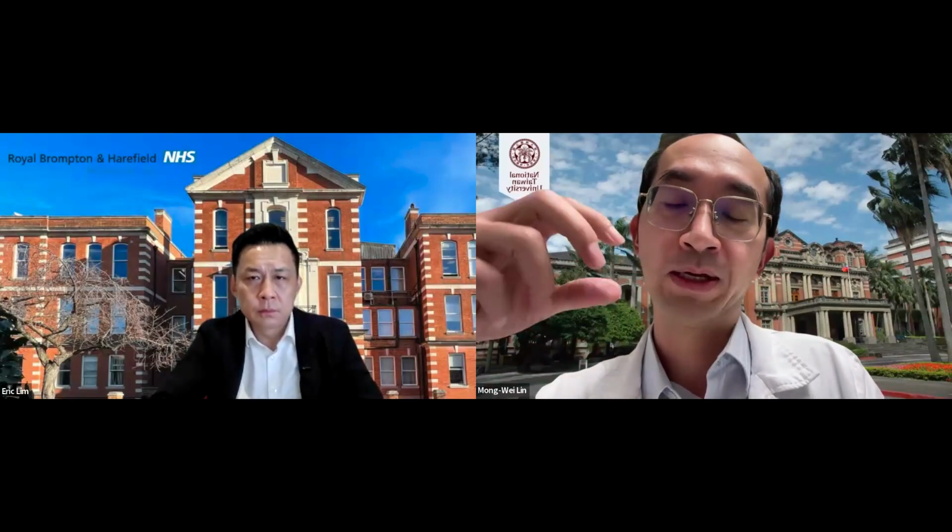So in our population, I think the majority of the images are from lung adenocarcinoma. In Taiwan, about 80% is lung adenocarcinoma. If the platform is to be applied to other populations or other countries, we need to incorporate other cohorts to fine-tune it.